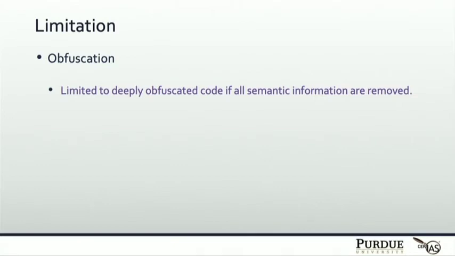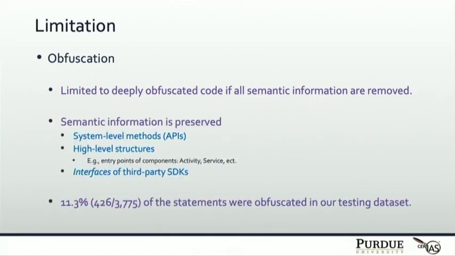However, this does not mean ClueFinder cannot tolerate any obfuscation, because even with moderate code obfuscation, the semantics information is usually preserved in some critical locations. For example, the system-level code structure features like parameter types and return values cannot be obfuscated, and they can still be leveraged by ClueFinder as features to determine the presence of sensitive data.